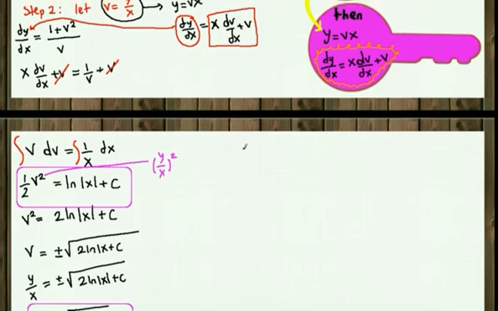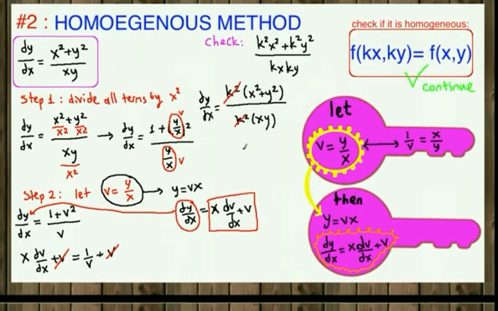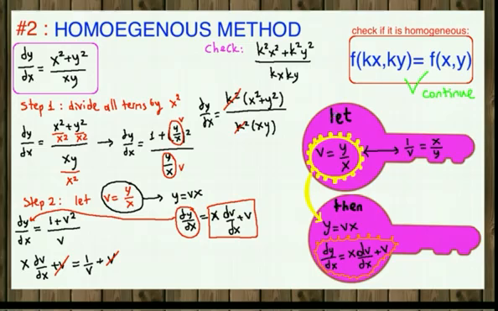So let's recap. In the homogeneous method, the very first checklist is we need to check if the function is homogeneous. And to be able to do that, we need to substitute kx for x and ky for y to see that it is going to be equal to the original function.